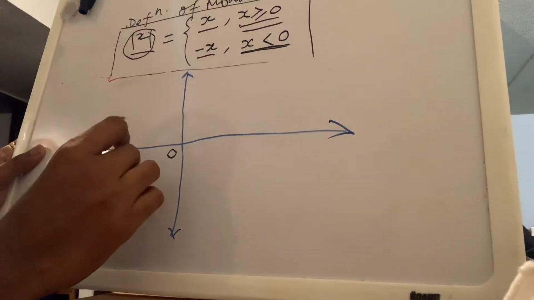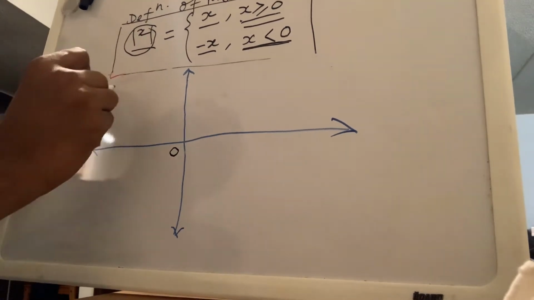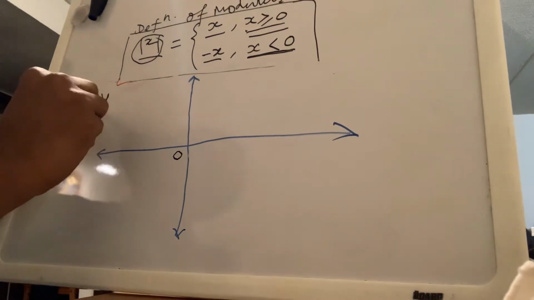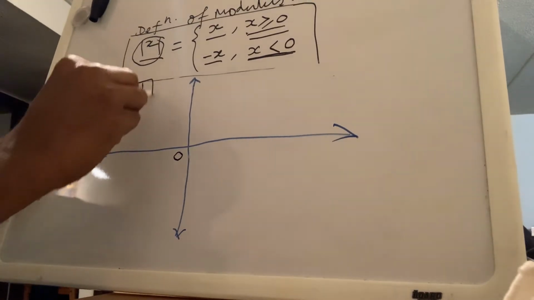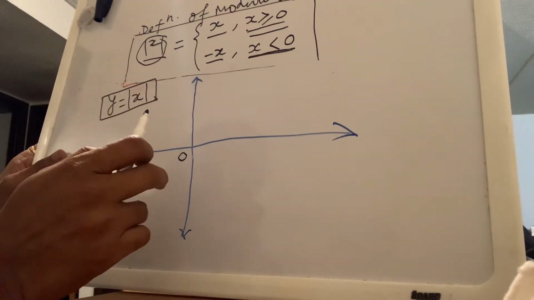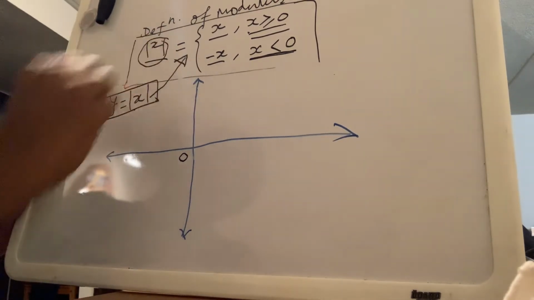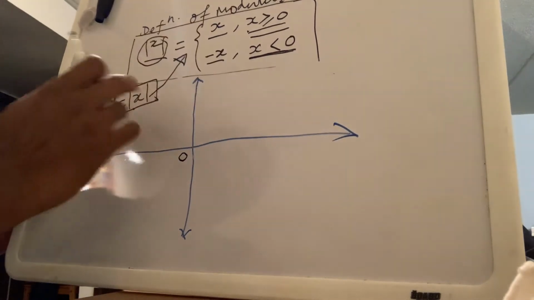For example, let us understand this as an equation: y is equal to modulus of x. We are trying to plot this. This modulus of x can be associated with this definition. So here we are getting a couple of things.